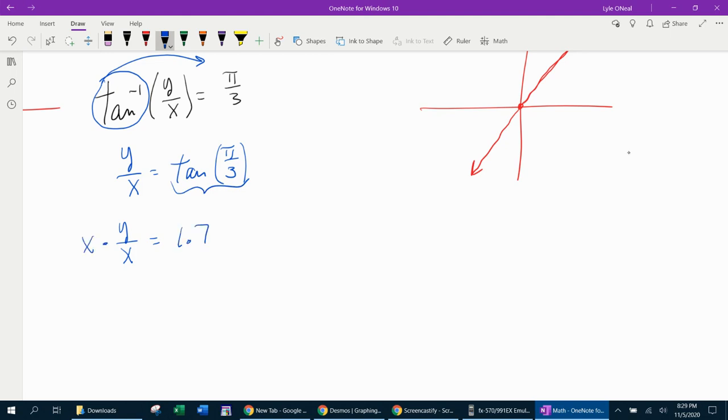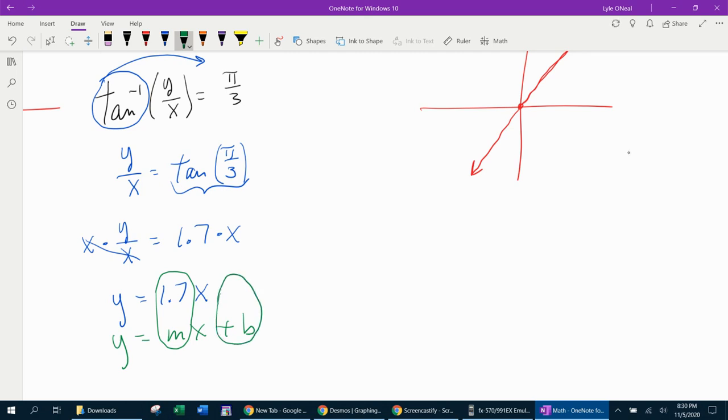And then if I multiply both sides by x, that's now going to be slope-intercept form. Y equals 1.7x, which if I write down the slope-intercept form below that, we can see that our slope is 1.7, which I said was a little bit greater than 1. And our y-intercept is 0 because there is no number there.